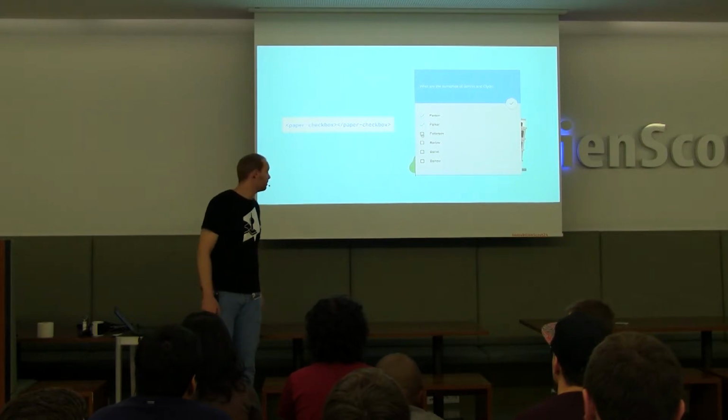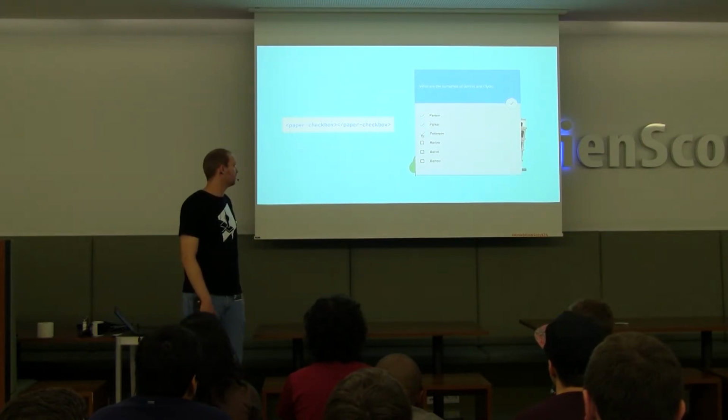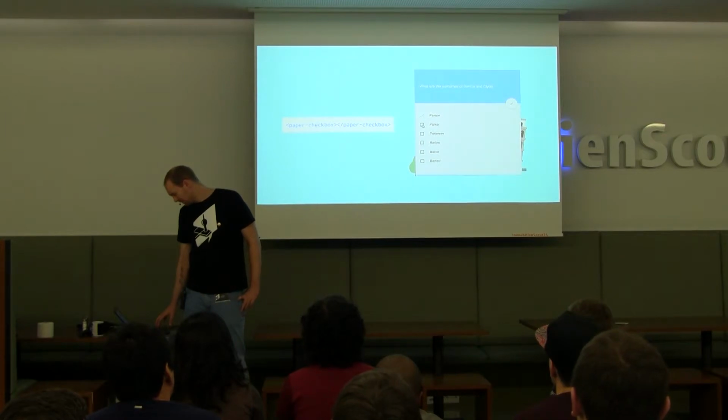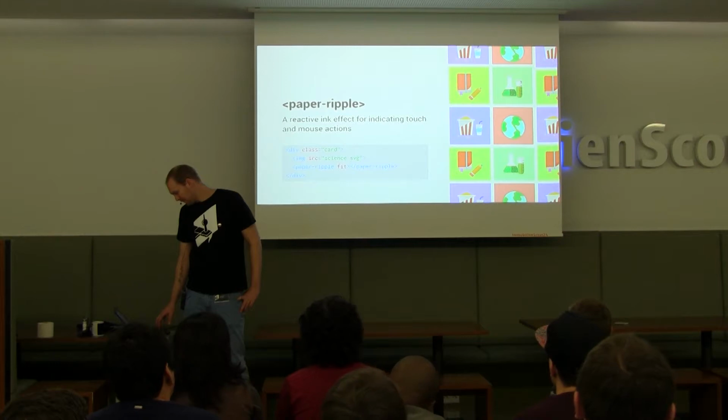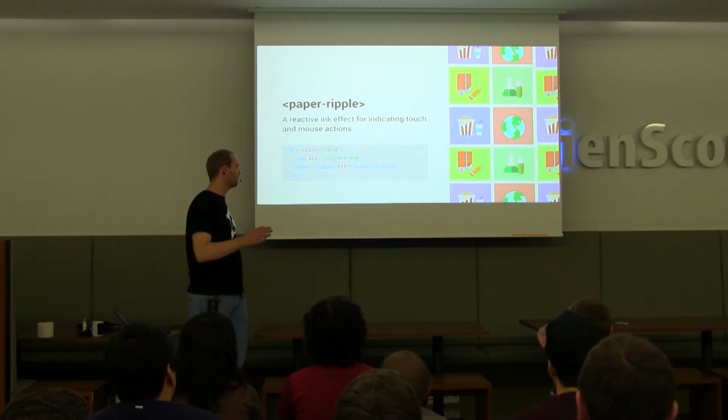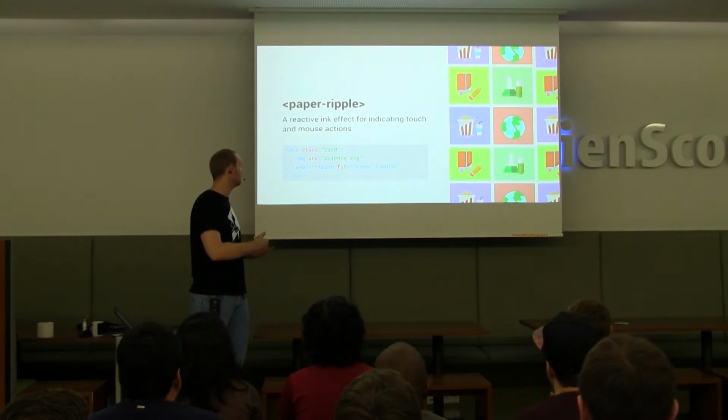Another design element is the paper checkbox, which looks like this. You can see the design is very material, so all the new stuff. Also, you can take parts of the design out of one element and put them into another.